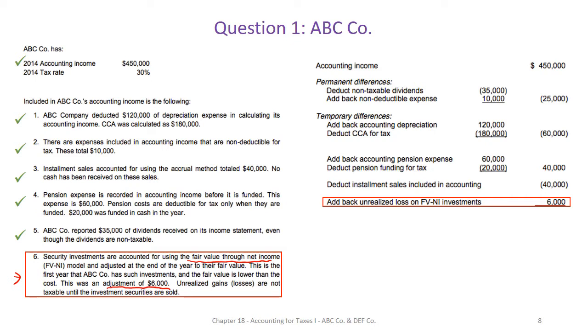It relates to whether it's a capital gain, where only 50% of the gain is taxable. But we don't account for investments the same way we do for taxes. So this adjustment of $6,000 for an unrealized loss is included in this $450,000. Our income is now too low by $6,000, and that $6,000 is not deductible. So we are increasing our accounting income by the amount of the loss that is not deductible.